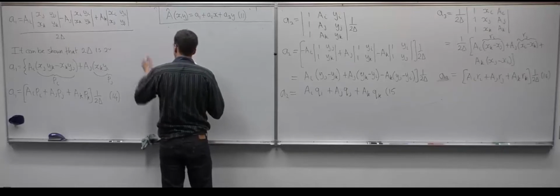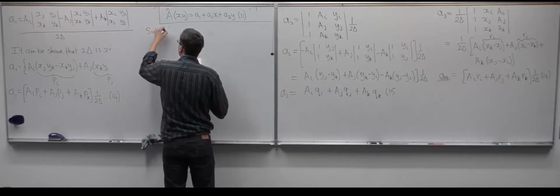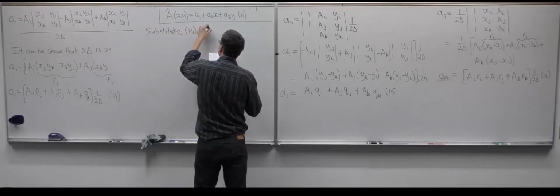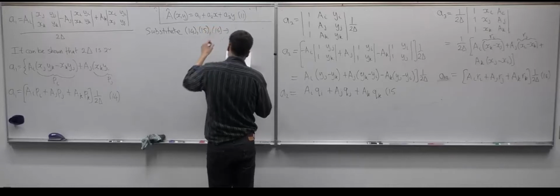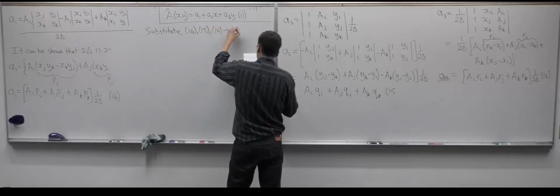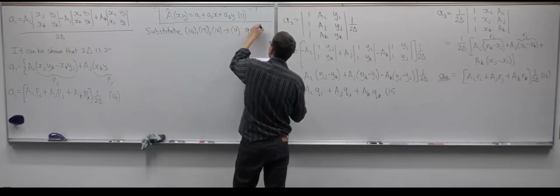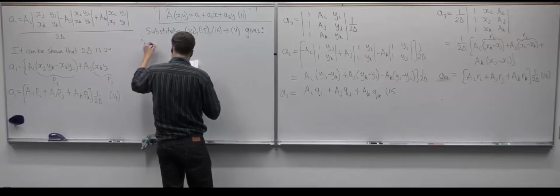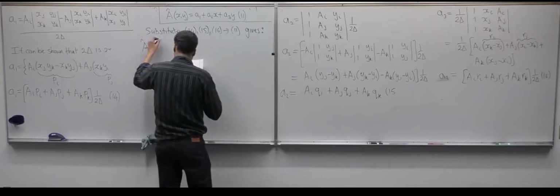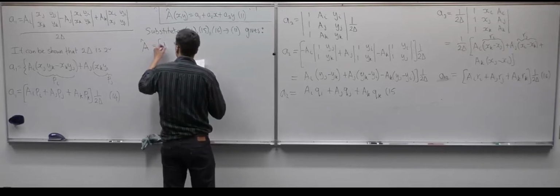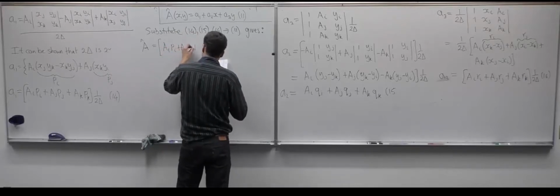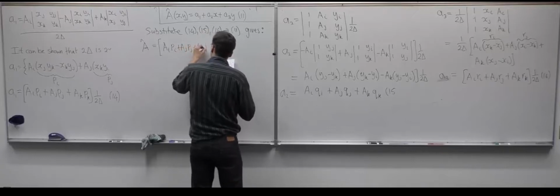So substitute 14, 15, 16 into 11 gives, so we do that, we get A hat is equal to, the first term, which is Ai Pi plus Aj Pj plus Ak Pk.